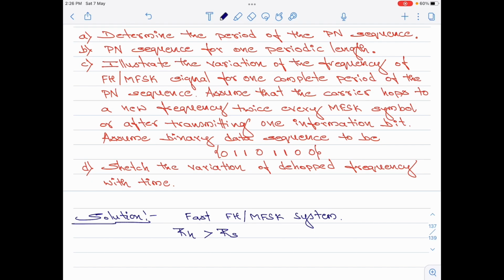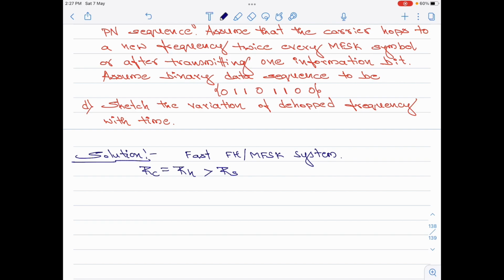Here, for this particular numerical, we are told the carrier changes to a new frequency every single digit. So, the chip rate RC is equal to RH. Therefore, now I can say that in a fast frequency hopped MFSK system, carrier hops to a new frequency after transmitting every information bit.